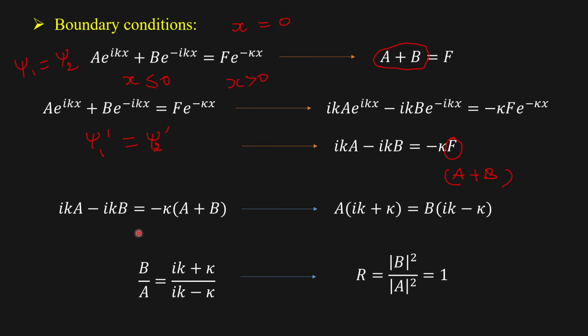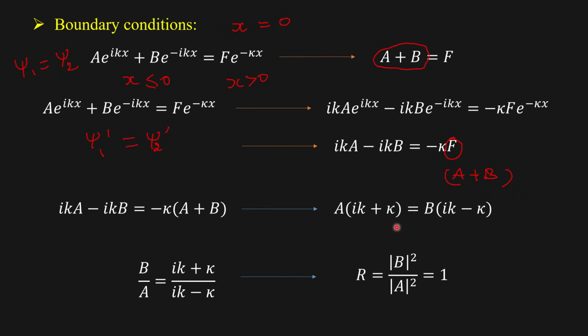This can be rearranged. You group the terms containing A as well as the terms containing B. The term containing A is ik plus kappa A, when you bring minus kappa to the other side. Similarly for B, if you bring ikB to the other side, you get B times (ik minus kappa).